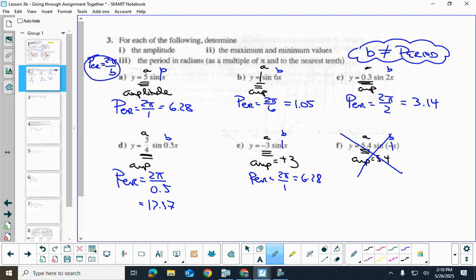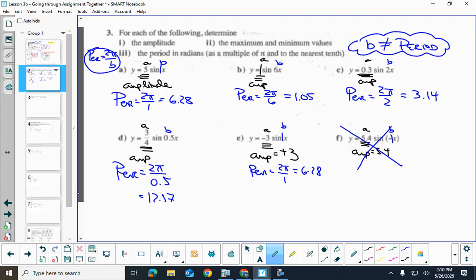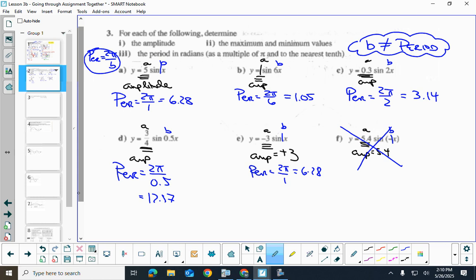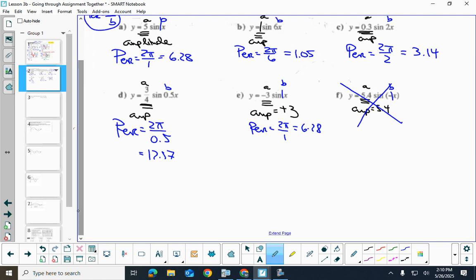So what does that mean? Let's pick out C, and hopefully you have a little bit of room on your page. Draw in a grid like that.